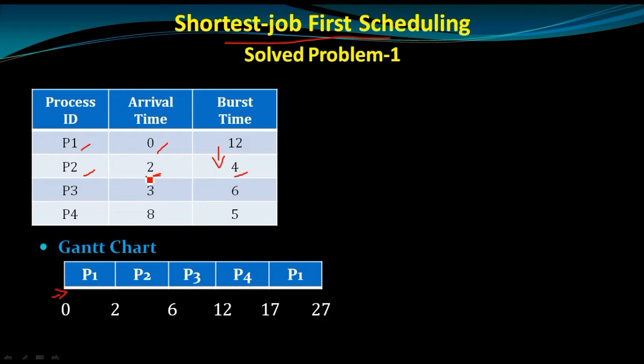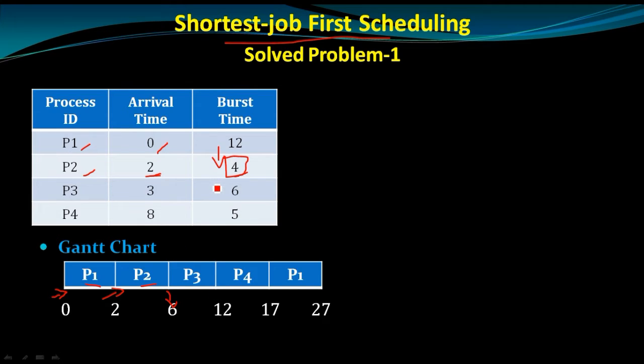So up to 2 millisecond P1 can execute, but after 2 millisecond P2 occupies the CPU till it completes its complete burst time, that is 4 millisecond. So it occupied at 2 millisecond, completes its burst time of 4 millisecond, and exits at the 6th millisecond.